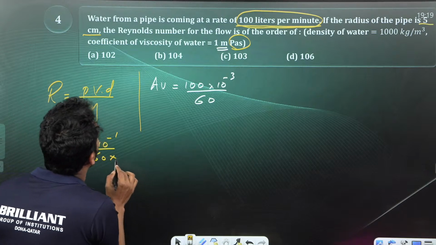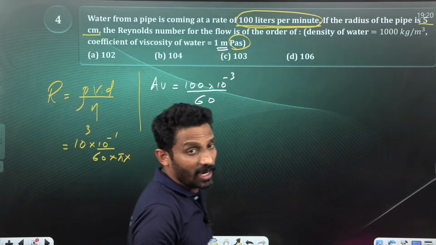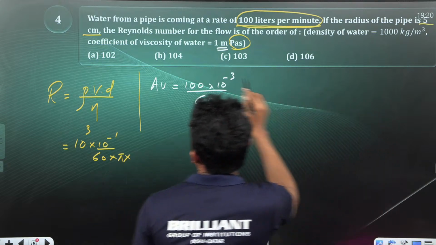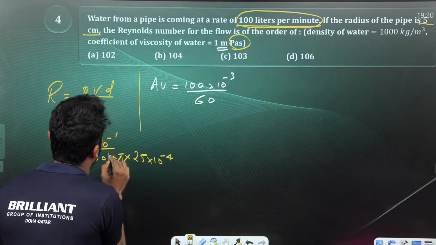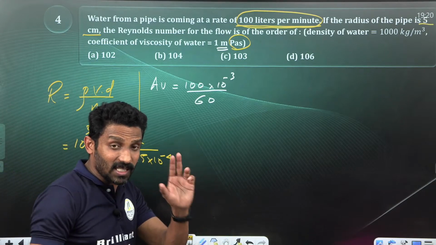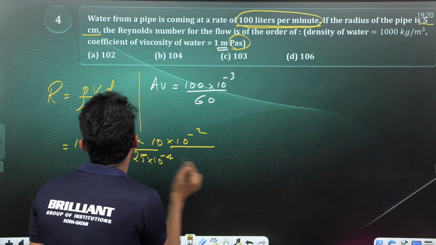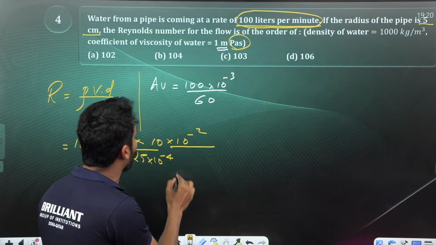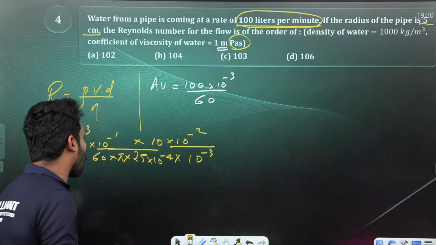Area is pi r square, pi into the radius 5 centimeter squared, which is 25 into 10 raised to minus 4. Now into the diameter, 10 centimeter, divided by the coefficient of viscosity, 1 millipascal second. This is to be calculated.